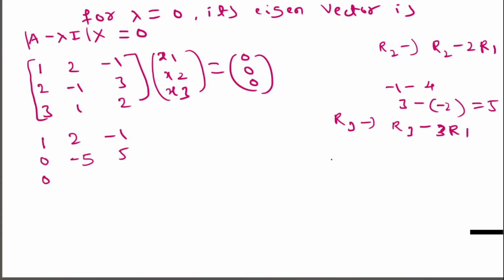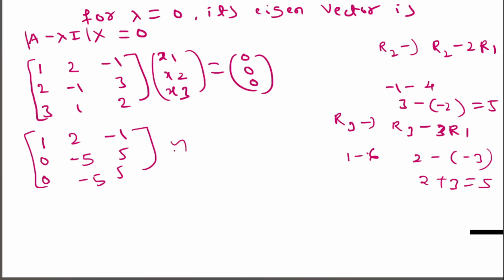Here 0. 1 minus 2 into 3, that is 6, that is minus 5. Here 2 minus of minus 3 is equal to 2 plus 3, that is 5. Here we have to write it as a 5.